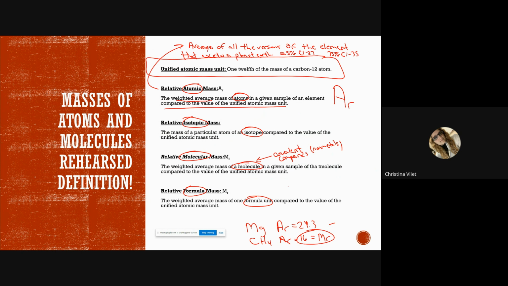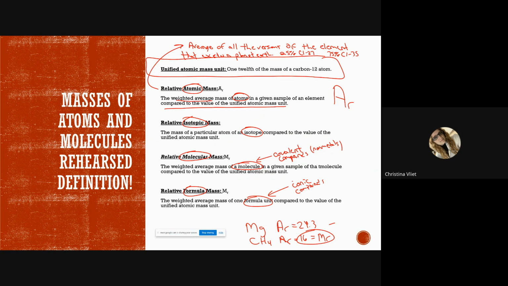And formula unit is the word for ionic compounds because they exist in those giant cubic structures. That's why they're called formula units. So you would use Mr for both molecular and formula unit? Yeah, they do use Mr for both. I would say relative formula mass, but I've never seen Fr used in my life. I have only seen them use Mr.